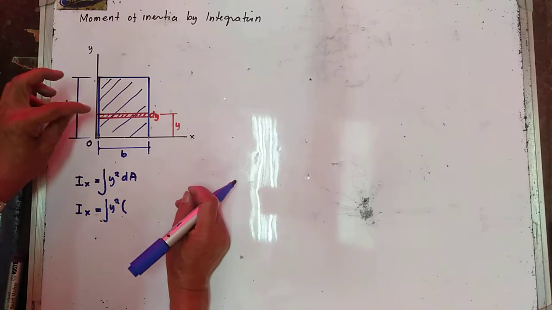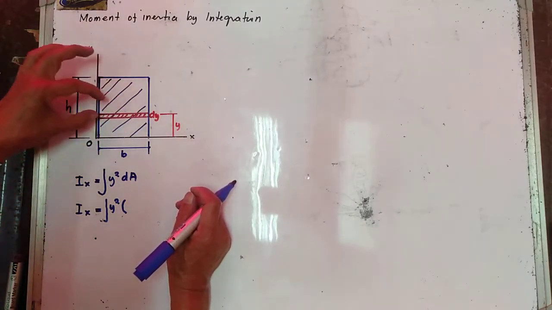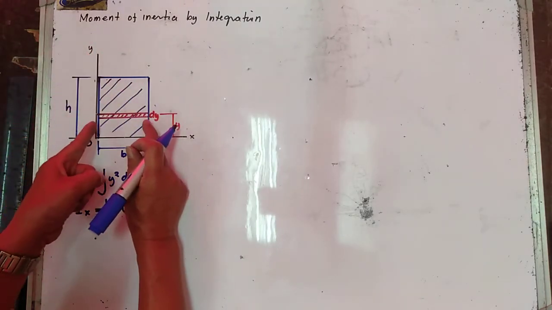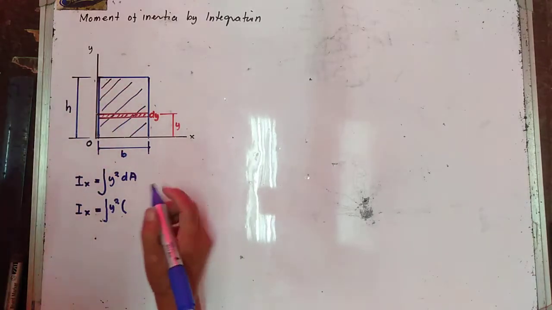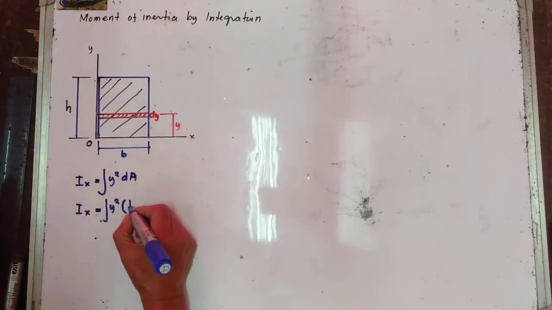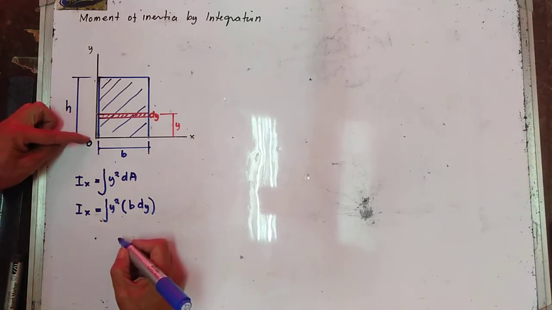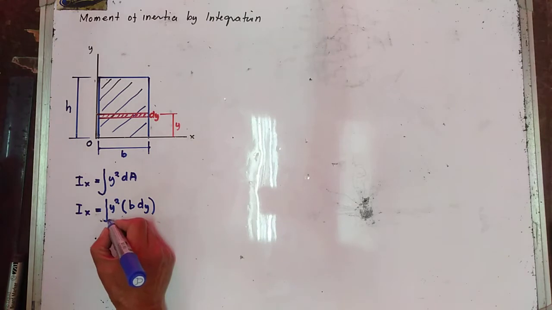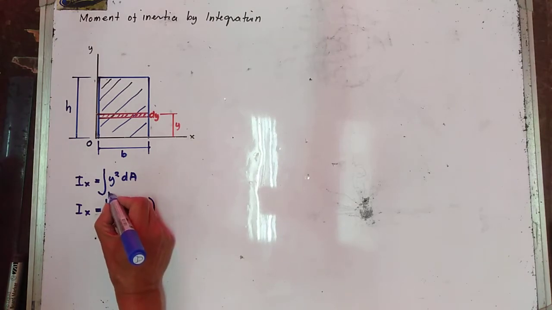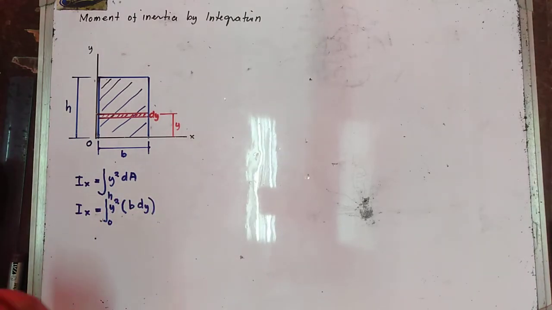And the area of this differential strip considered is b multiplied by dy. So that is from 0 to h.